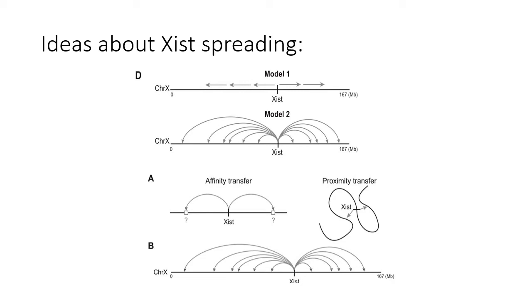Okay, so the way this is believed to work is that those pieces of DNA that are far on the chromosome can actually be brought to proximity of the Xist DNA, and therefore the RNA, and in that way basically have the Xist delivered to the different locations over fairly large distances over a fairly short amount of time.